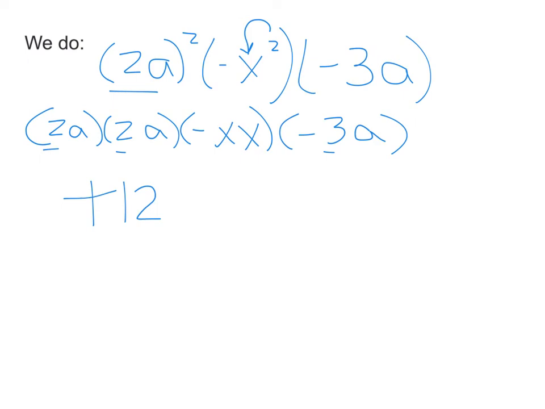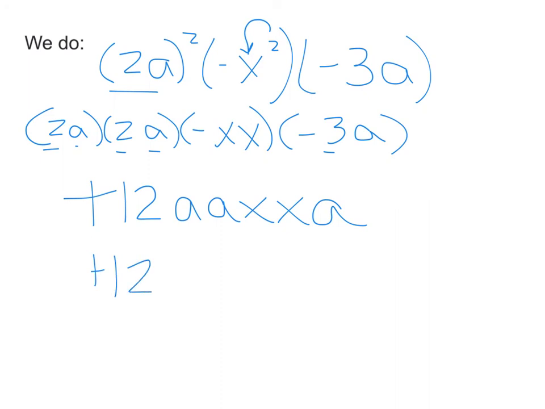Now I'm going to multiply any variables I have. So I have an a, 2 x's, and then an a. So my very last step says I need to clean this up. I need to rewrite this in ways where there's powers involved. So I'm first going to just leave the 12.